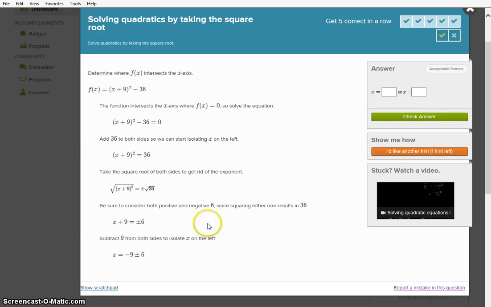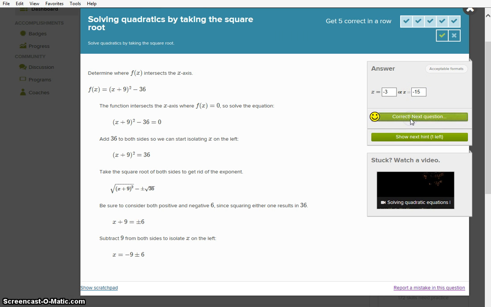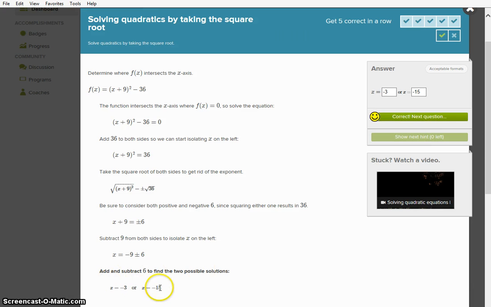So that'll give us negative 3 and negative 15. And that is correct. So our last hint is exactly that.